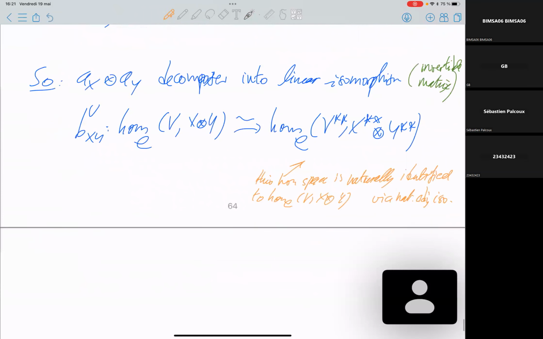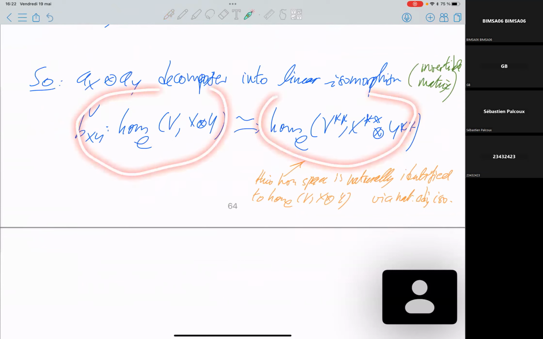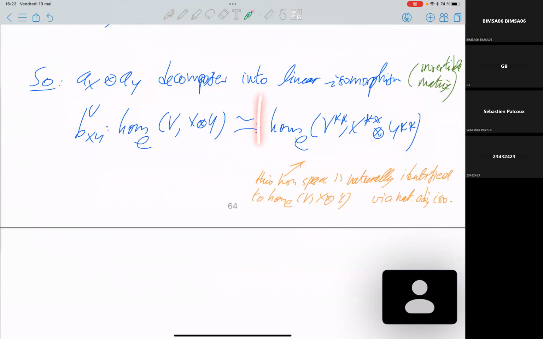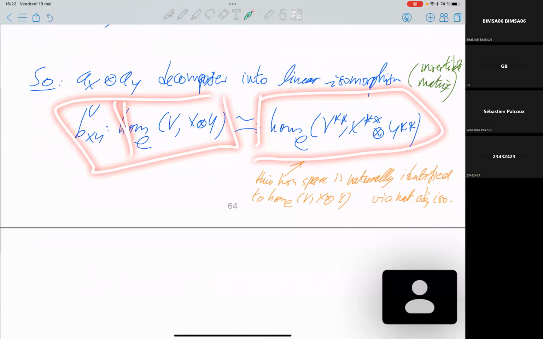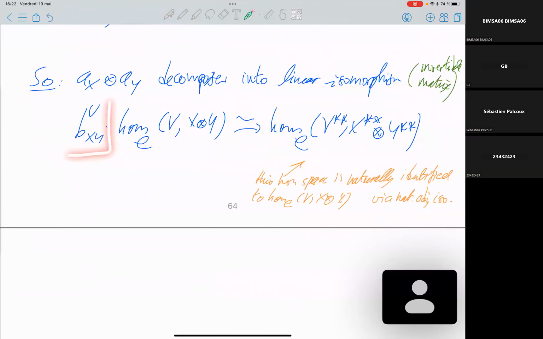So you can, in fact, identify both. They are isomorphic, but they are in fact naturally isomorphic. So at the categorical level, you can safely identify these two. So you can just consider this as a matrix between this space and itself.